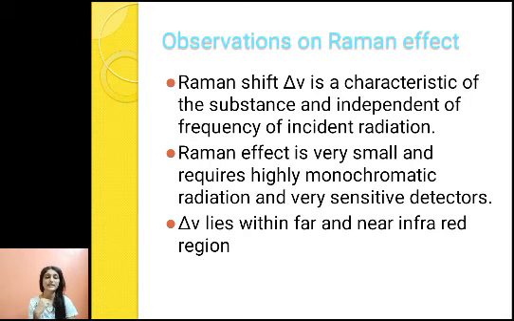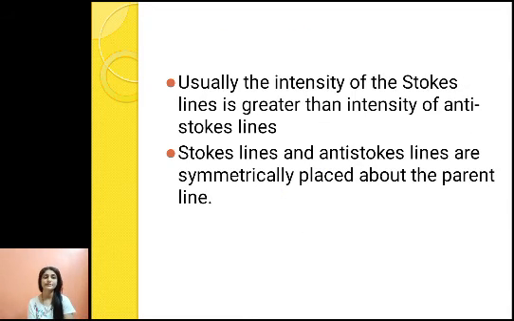The second characteristic is that the Raman shift is very small, and because of that we require a highly monochromatic radiation and very sensitive detectors to detect it. This Raman shift lies within the far and near infrared region, and usually the intensity of the Stokes line is greater than the intensity of the anti-Stokes line. In the next lecture, we will study why it is like that.